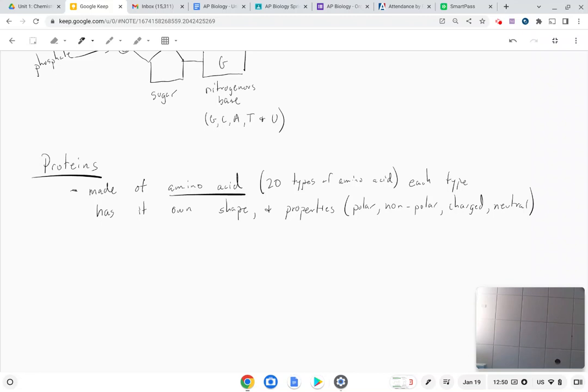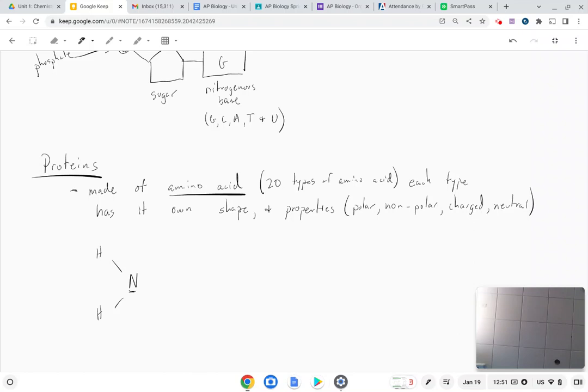So let's look at the generic blueprint for an amino acid. Every amino acid has something called an amine group over here. And notice, I really want you to pay attention, this is the very first nitrogen atom that I've shown you. You see that? It's the first time you've drawn the letter N in a molecule. That's significant, because it's an atom that sometimes is hard to get.